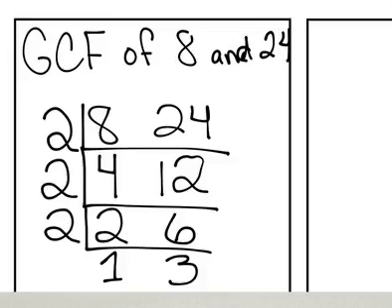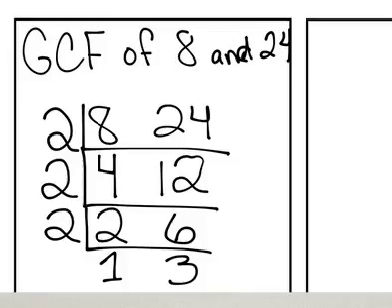Now looking at our bottom layer, with 1 and 3, you might have some trouble finding a factor that we can divide into both 1 and 3. There's actually only one number that goes into both 1 and 3. That's right, it's the number 1. When you get a bottom layer where both numbers are only evenly divisible by 1, then you can stop dividing.